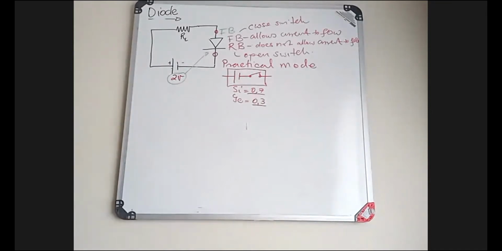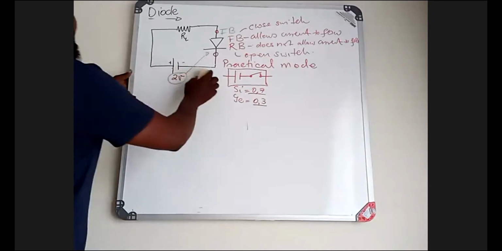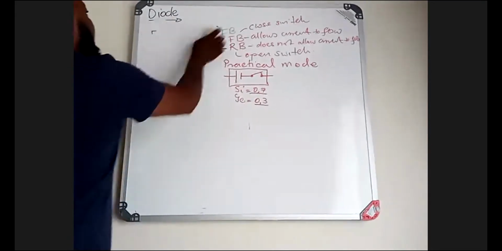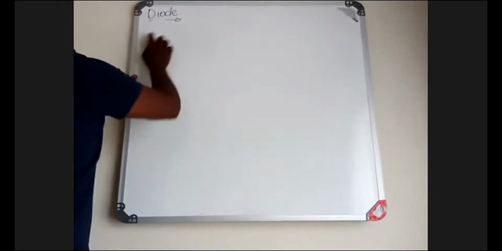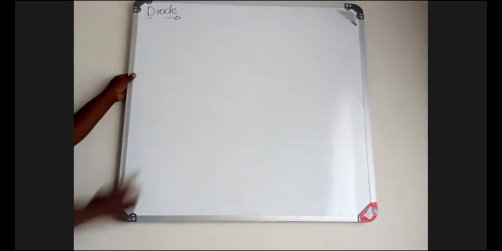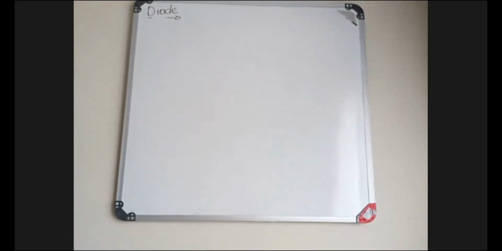Now, when we continue with this analysis, I will go and say the application of this is when your circuit is a circuit limiter. With the circuit limiter, the type of source that we are using is an AC source.